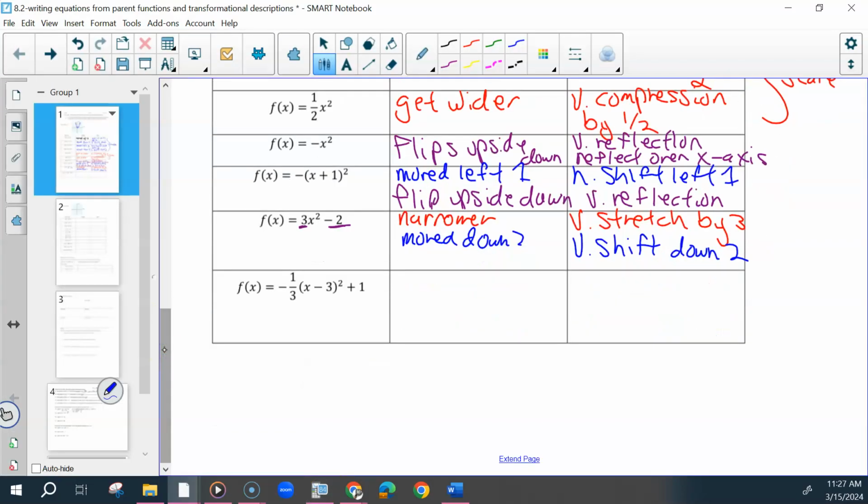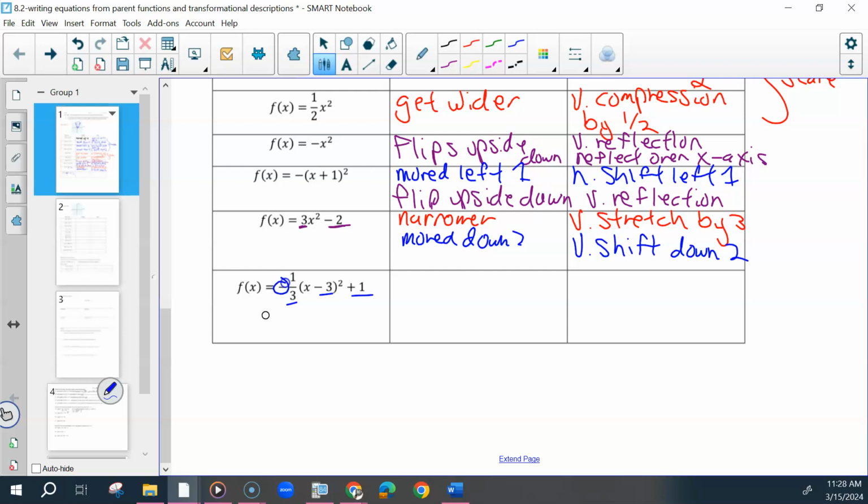Right. There are 4 things that happen to this. What are those 4 things? Try to compare it to the rest of the table. It would get wider.